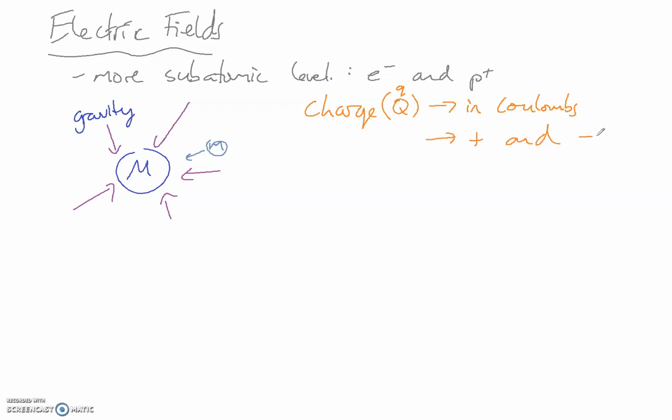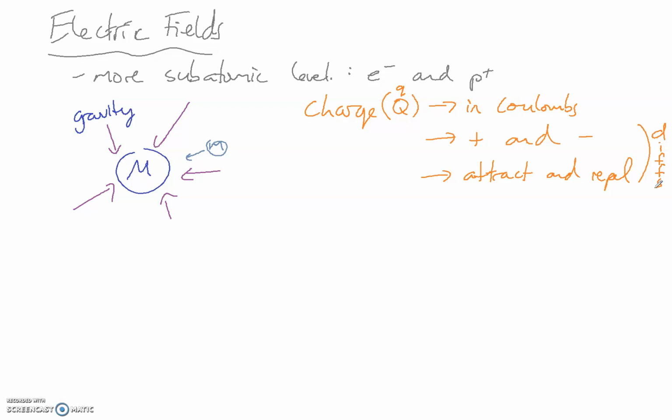In electric fields, they can attract or repel depending on whether they're positive and negative. So here we have positives and negatives; they can attract and they can repel. And these two things are probably the two biggest differences between the gravitational field stuff you've done and the electric field stuff: the two types of charges, and attracting and repelling. That's where the key differences kick in between the two.